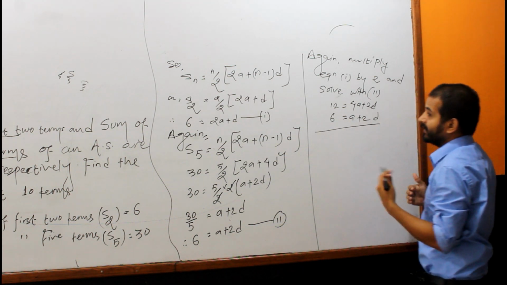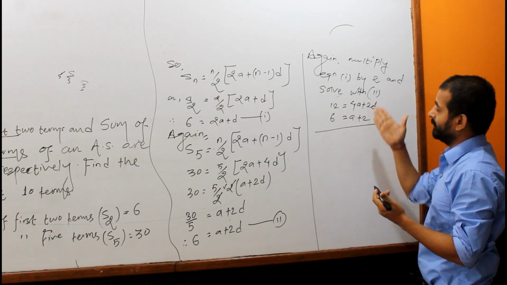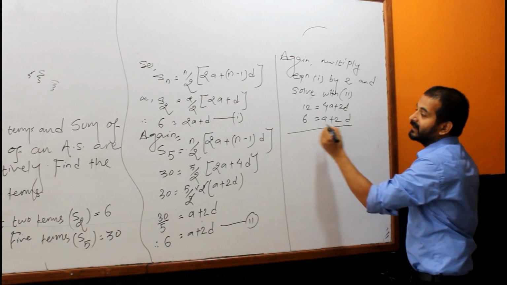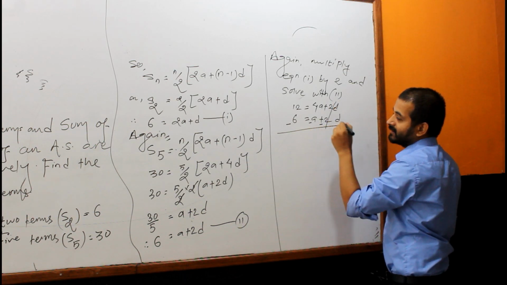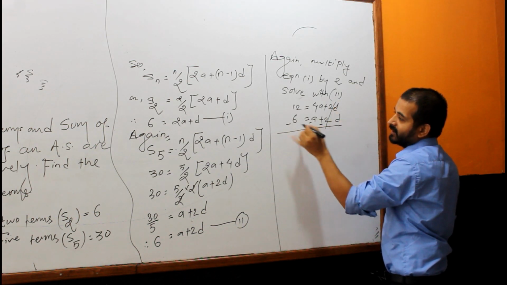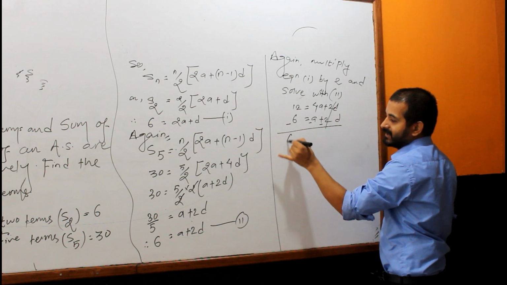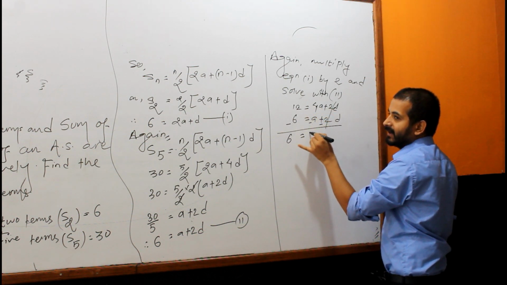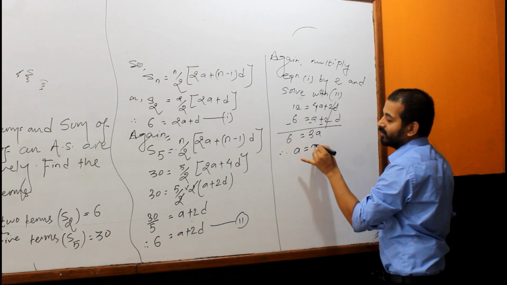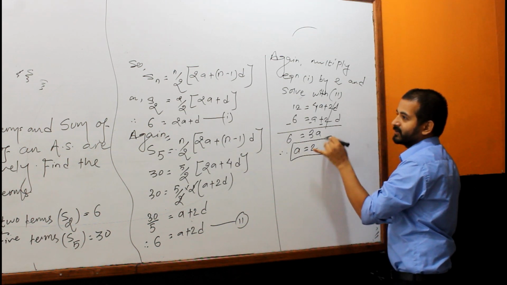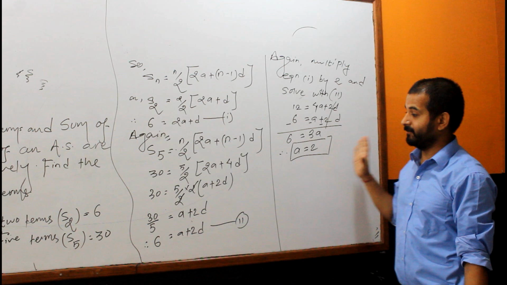So we are here to get the value of a by eliminating d. Let's change the sign here. 2d cancels. Now 12 minus 6 is remaining, and 4a minus a, 3a, is remaining. In this way we get a equals 2. Now 70% of the solution is finished.